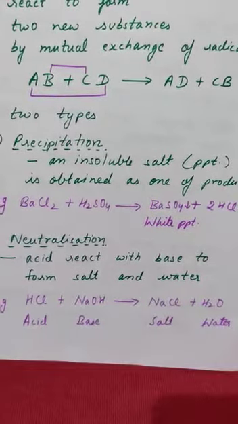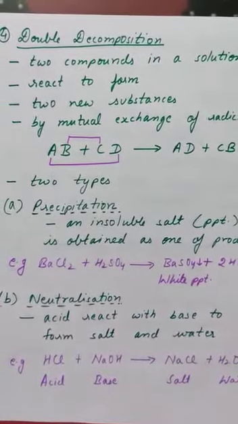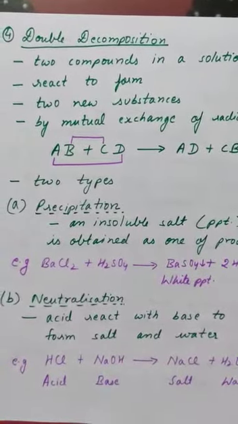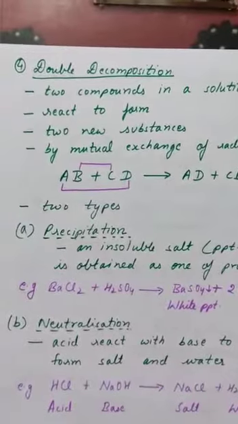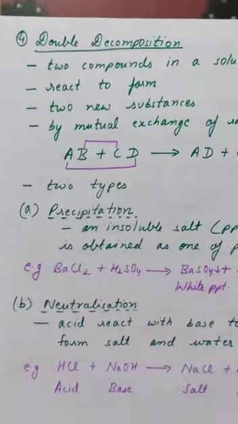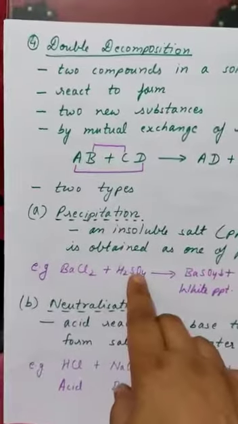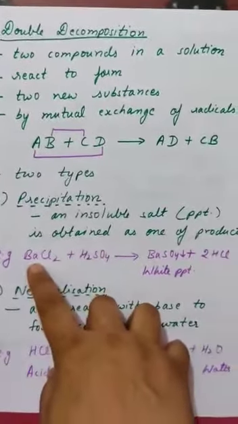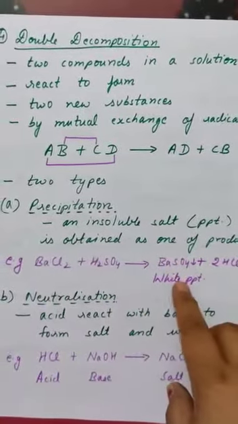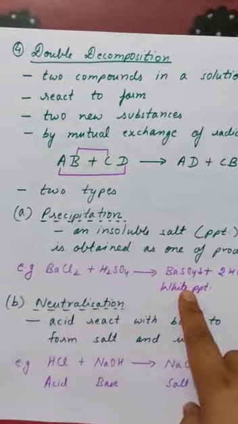Whenever precipitates are obtained during a chemical reaction, we say that it is a precipitation reaction, which is a type of double decomposition reaction. For example, when sulfuric acid is added to barium chloride solution, a white precipitate of barium sulfate is formed.